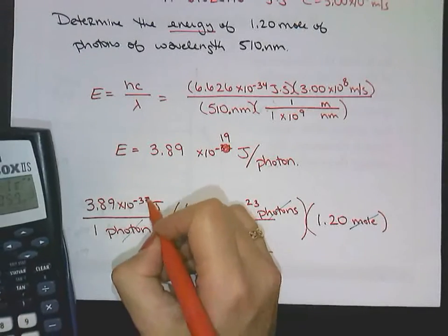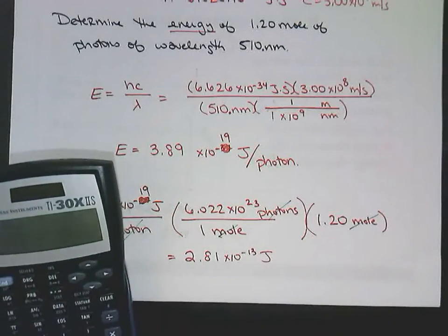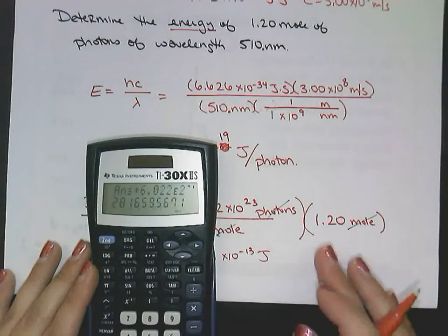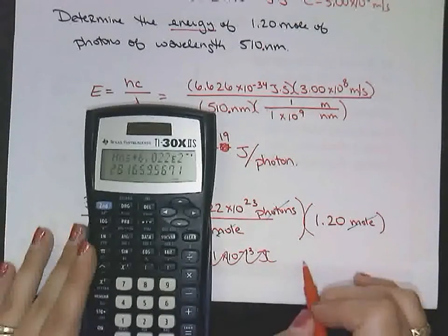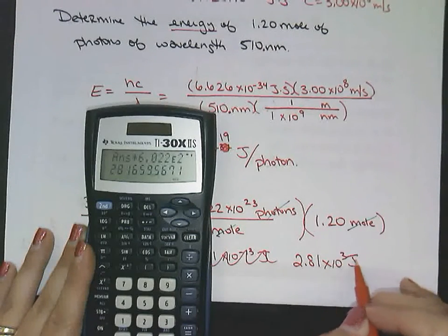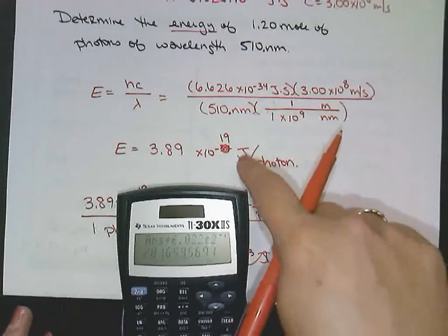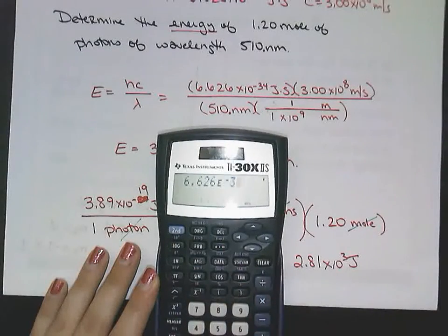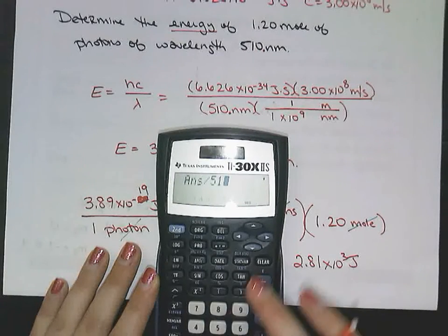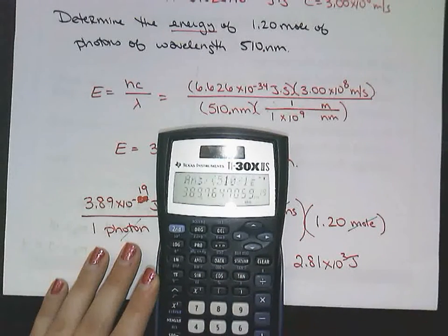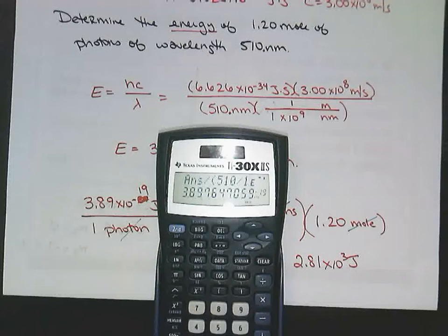That was wrong up here. That should be negative 19. 6.626 times 10 to the negative 34 times 3 times 10 to the 8th, divided by 5. Whoop, that's parentheses. My fault is I didn't have the parentheses in the right spot.